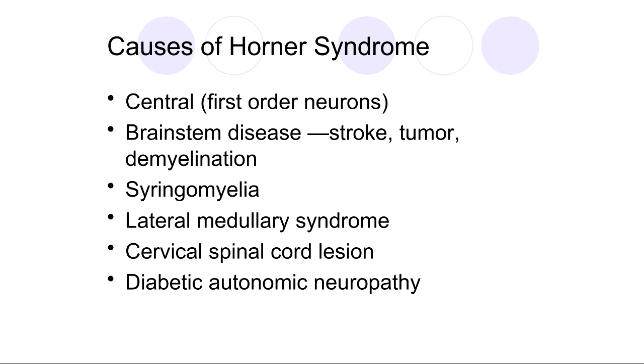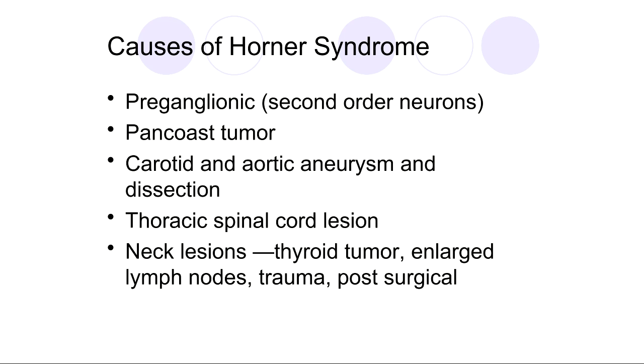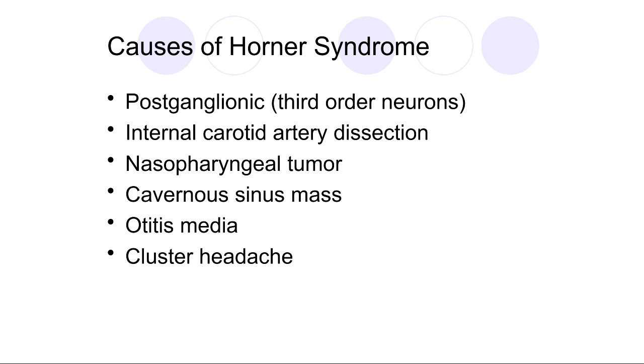All right, so remember the causes can be central, and can be preganglionic, as you correctly said, a pancoast tumor, carotid or aortic aneurysms and dissections, neck lesions, etc. And post-ganglionic lesions may be as listed there. So try and remember. Doc, thank you.